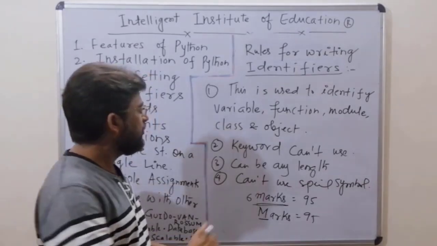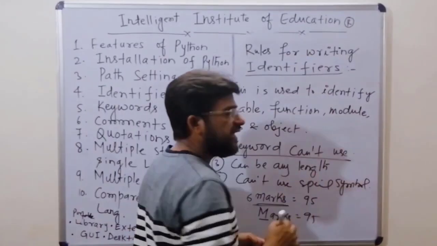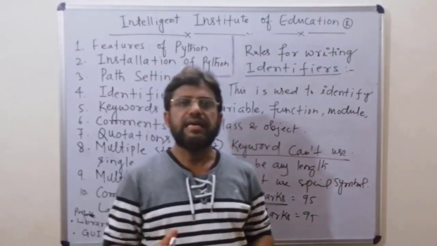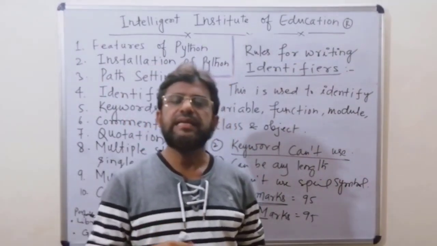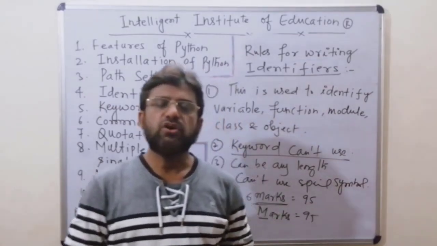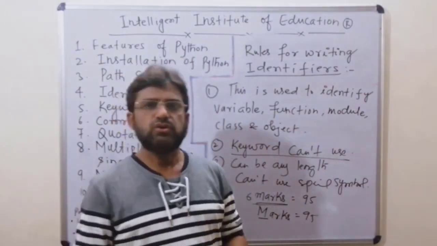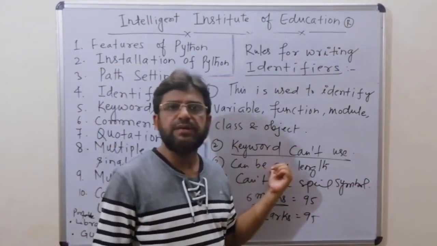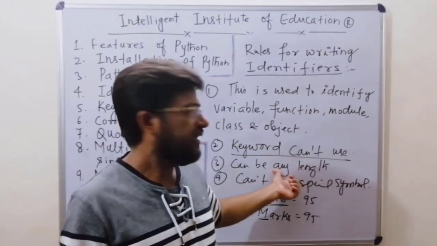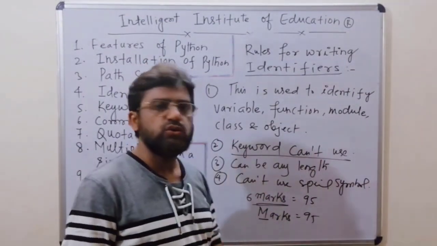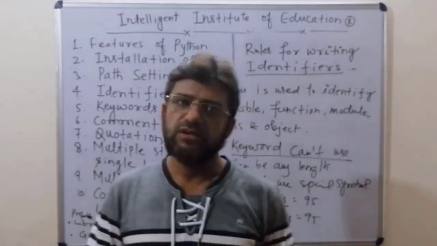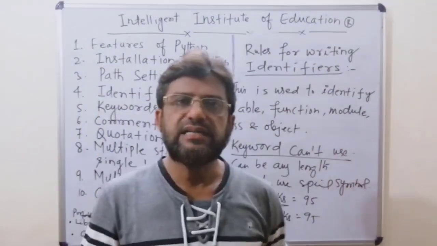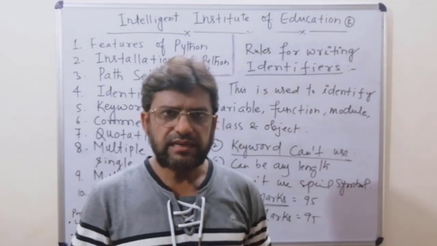Next, keywords we cannot use, because a keyword has a special meaning in the compiler, that is, in the interpreter. A keyword is also called a reserved word. Identifiers can be of any length. Next point, we cannot use any special symbols. Basically these are the construction rules for identifiers, right?